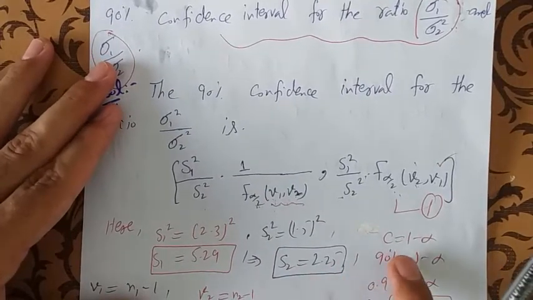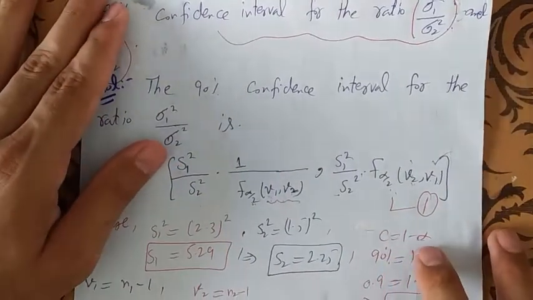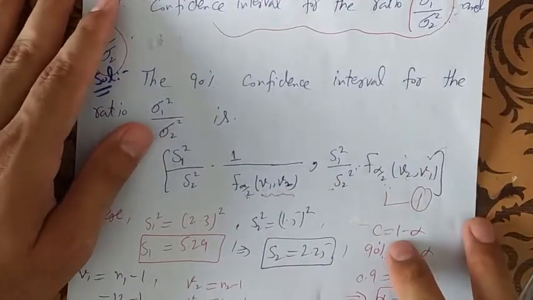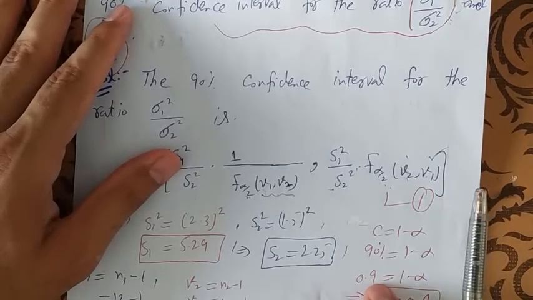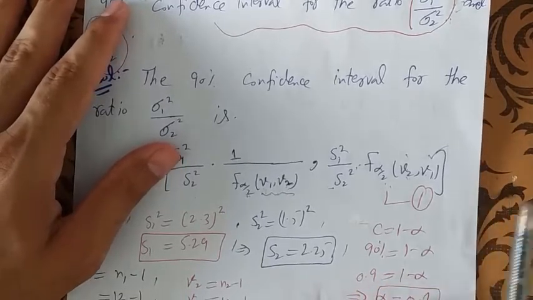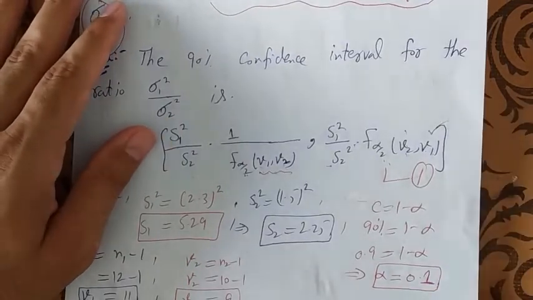Now for the 90% confidence interval, you know the formula: C is equal to 1 minus alpha, and the value of C is 90%, and 90 over 100 is equal to 0.9, so alpha is equal to 0.1, which is the significance level.